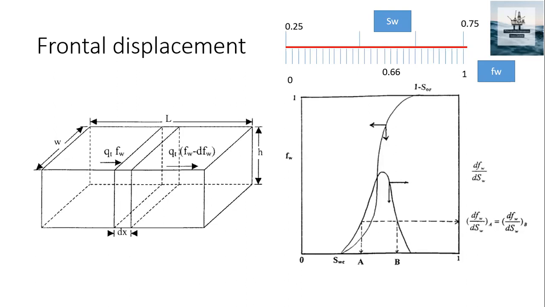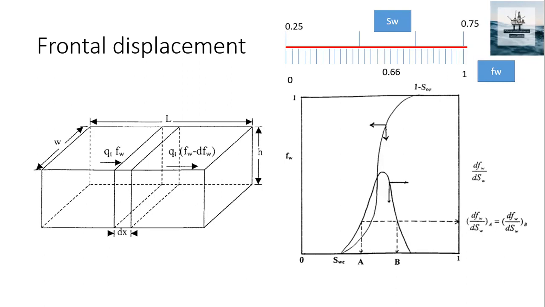Think beyond that: below connate water saturation, what is the phase of water, and above connate water saturation, what is the phase of water? Below connate water saturation there is no movement of water. The water is immobile. The water saturation below connate water saturation cannot be moved; it is a part of the reservoir rock. Then after connate water saturation, that is a critical saturation.